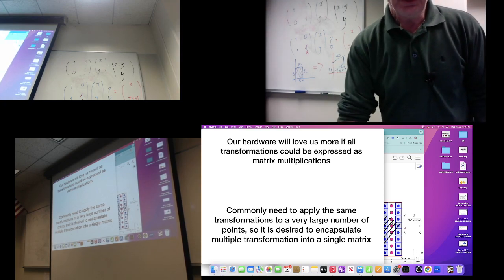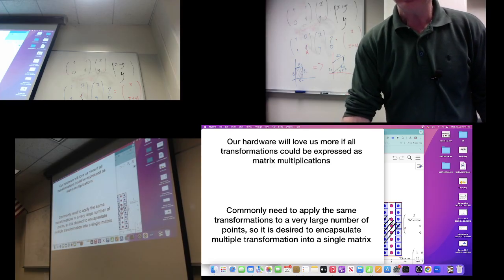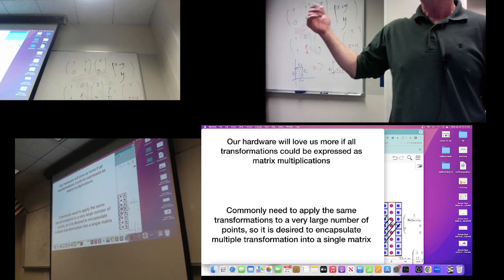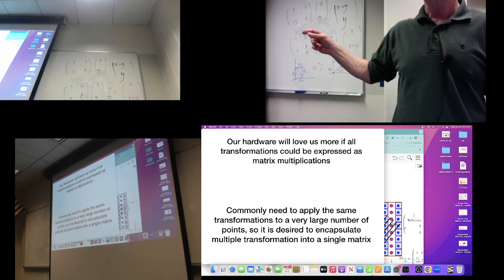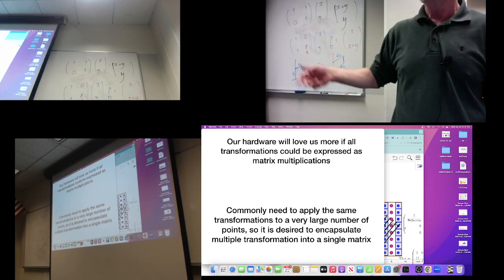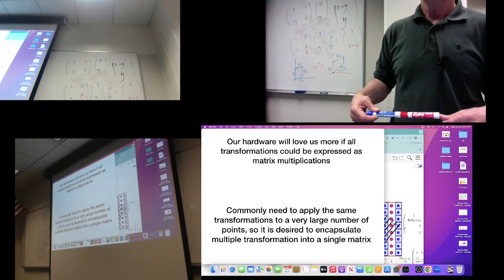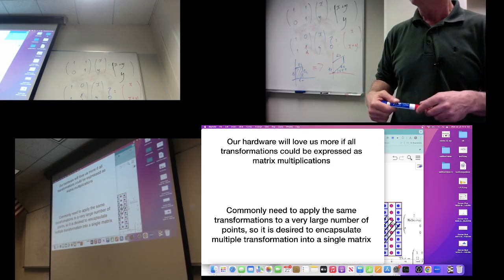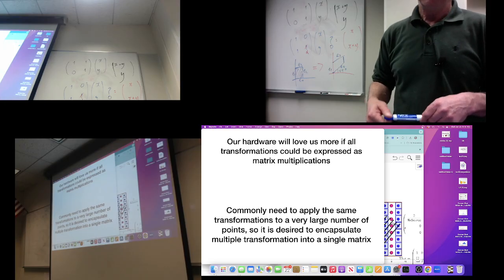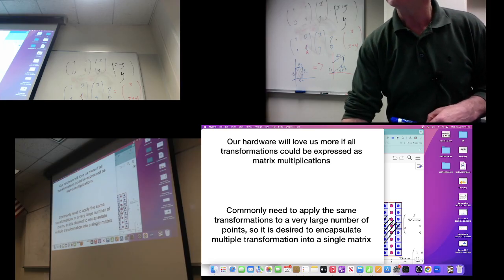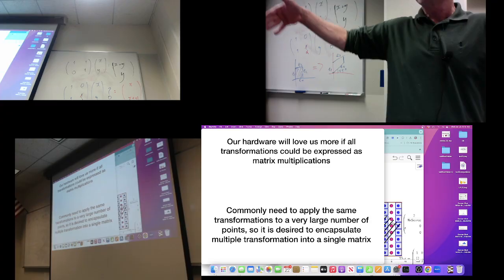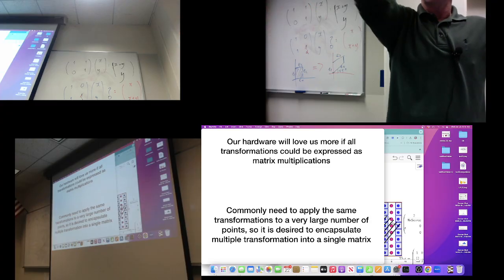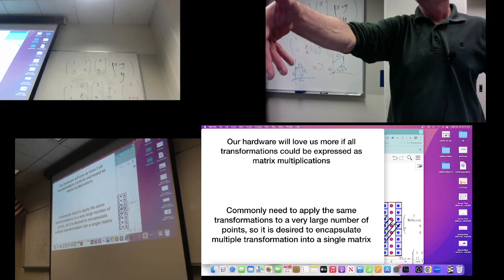Okay, so we have a transformation, which might be one of our very basic transformations, the Lego bricks that we are building with, rotation, translation, etc. Or it can be some composition of transformations, and we would like to calculate a single matrix that will work on every point that we need to handle.